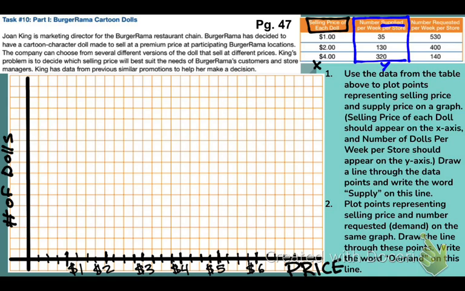I'm going to do every 50 because I see we have 35, then 130, and 320. So I know that I'll get my 150, 200. So I'm going to have every line be 50. Which means I'll end up going up to about 800 dolls.